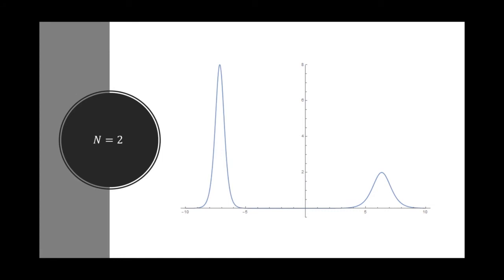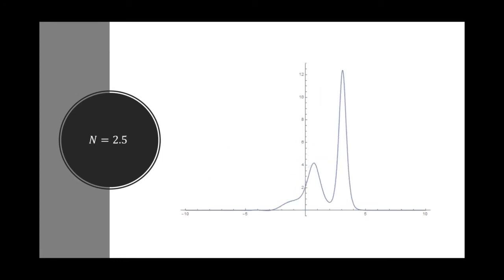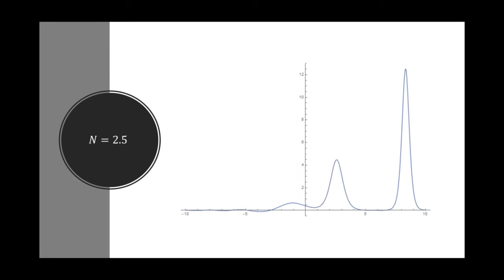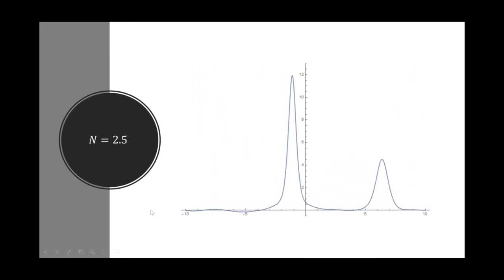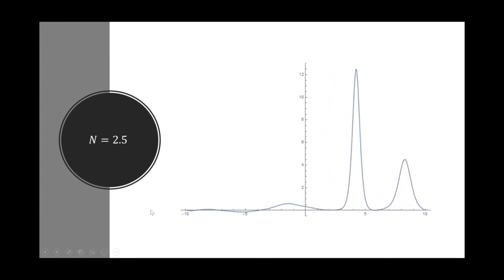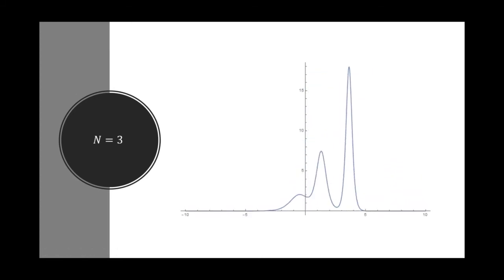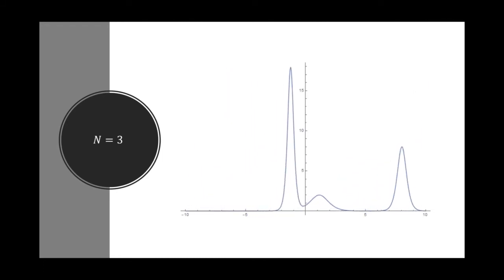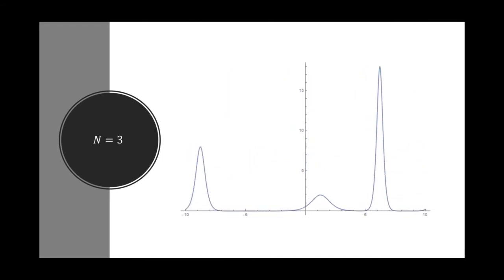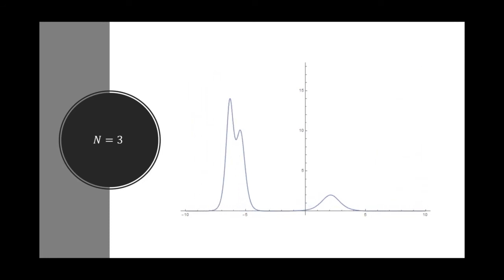So next we move on to n equal 2.5, and we see again two solitons moving to the right plus some dispersive waves moving to the left. Finally, let's move on to n equal 3, where we find three separate solitons with different heights, widths, and speeds, all moving to the right.